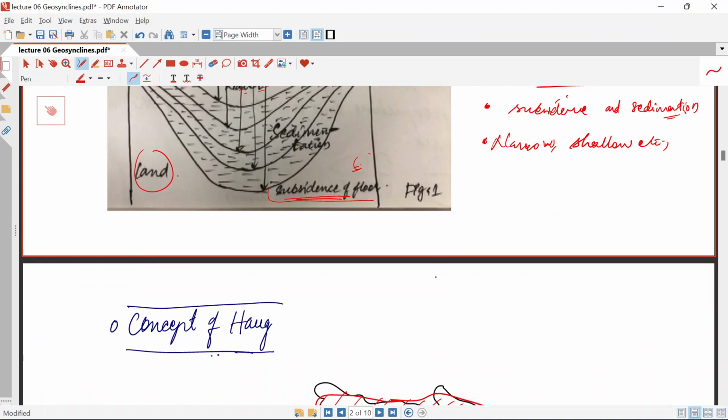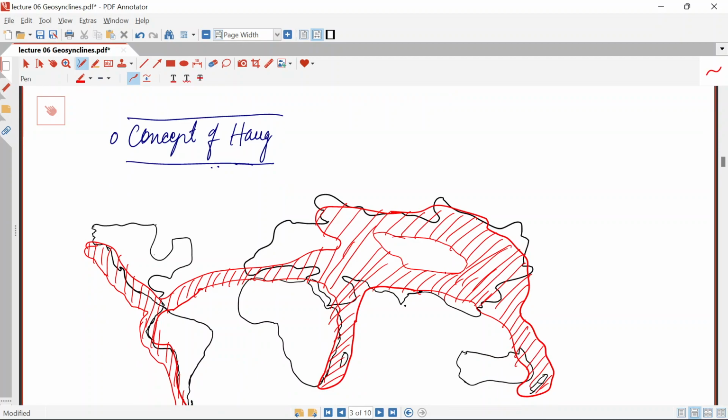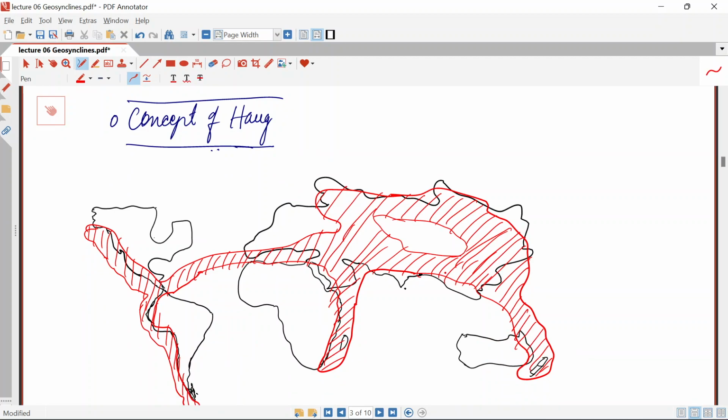Then next came the concept of Haug. Haug generally said that he also agreed with Dana and Hall, but he himself produced a paleogeographical map, which we can see here. In this map he gave the evidences of geosyncline and fold mountains.